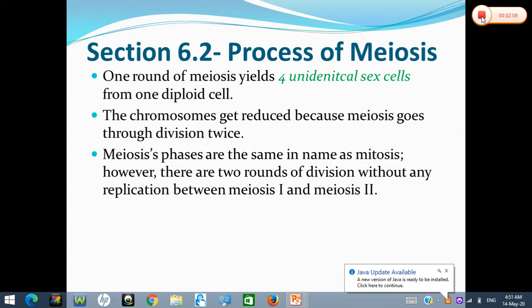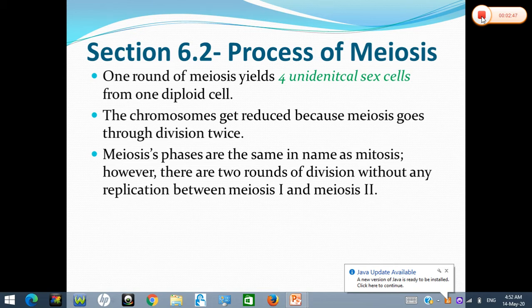Today we will talk about section 6.2, which is the process of meiosis. What happens during meiosis? During meiosis, the diploid cells divide into haploid cells.